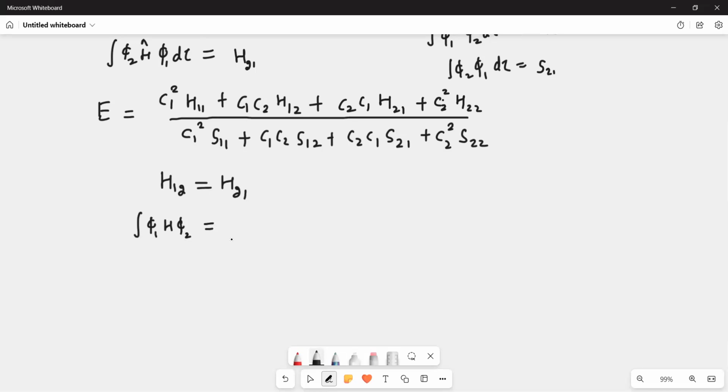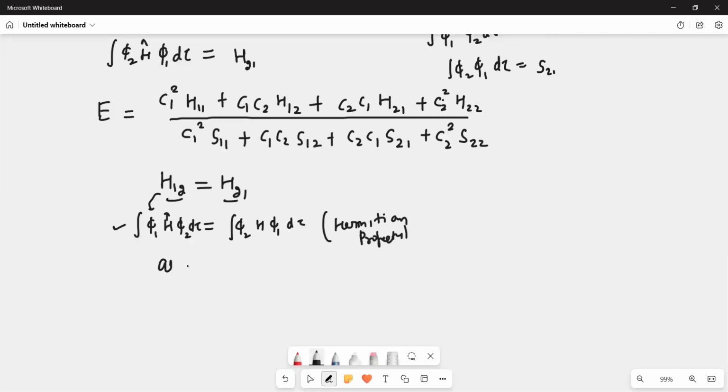And H21 is equal to phi 2 H phi 1 d tau. So you can see this Hamiltonian is a Hermitian operator, so it follows the Hermitian property. That's why these two integrals are equal. Is it clear? So H12 and H21 are equal.